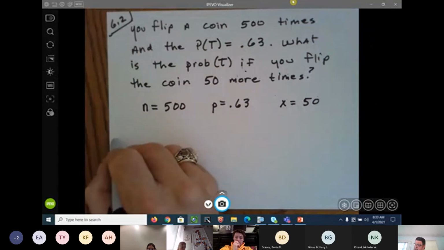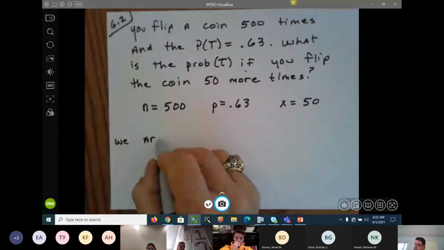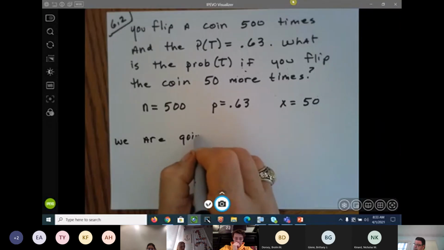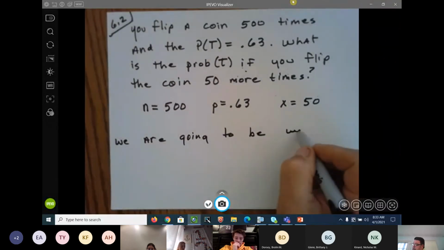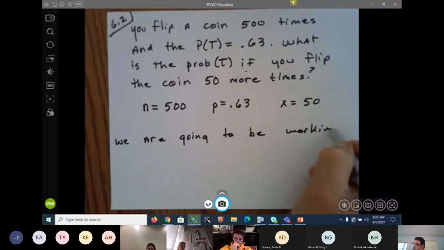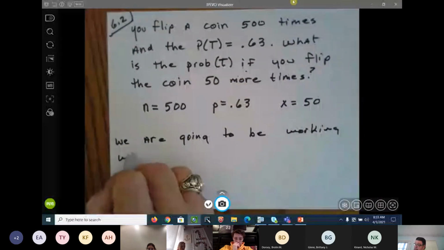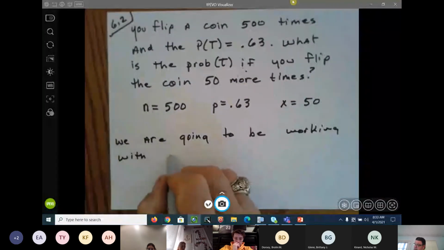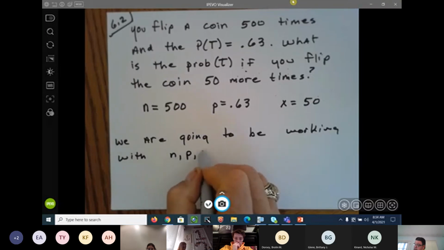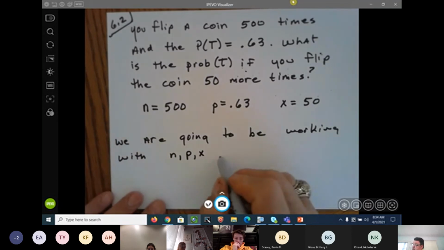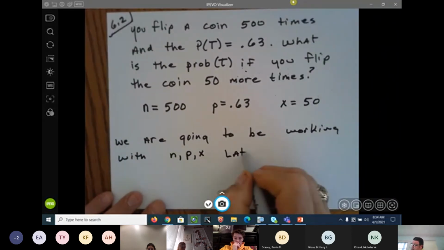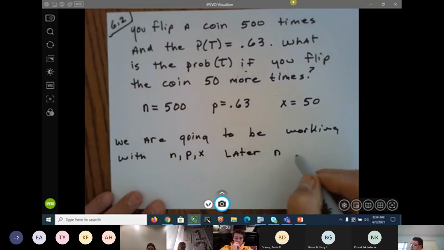In 6.2, we are going to be working with NPX. That's the first part of 6.2. And then later, we're going to be working with NPQ.